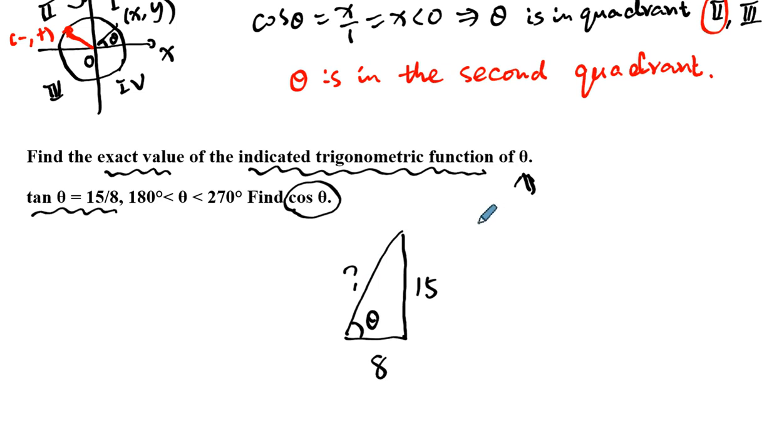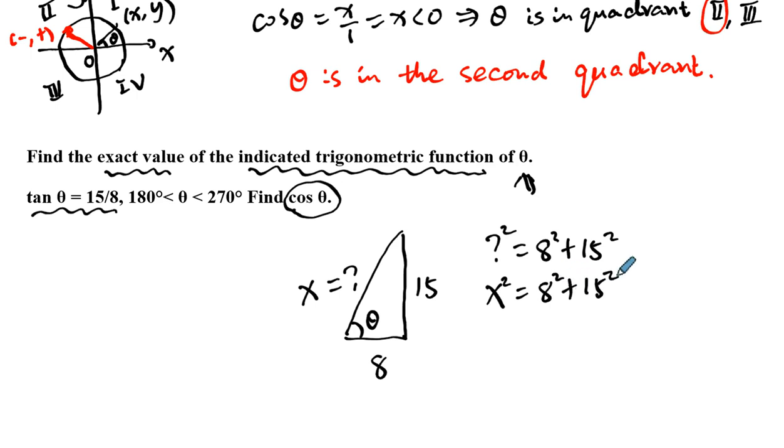Then you may use a question mark equals 8 squared plus 15 squared, question mark squared. But we assume mathematicians know everything. We do not like question marks. We say no questions for us. So use a variable: x squared equals 8 squared plus 15 squared.